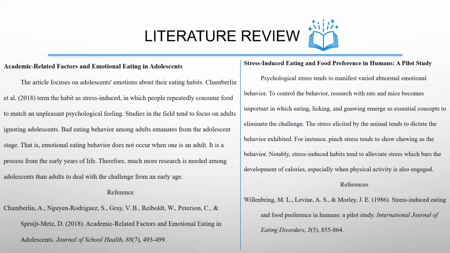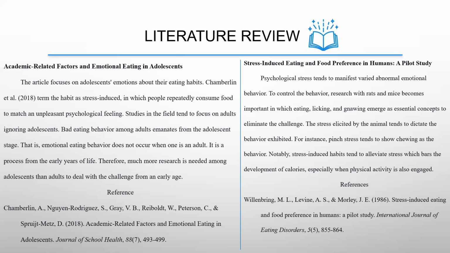Emotional eating, comfort eating, and stress-induced eating are terms to describe the repeated response of consuming food to cope with unpleasant psychological emotion. The second article here is one of the studies, and it is stress-induced eating and food preferred by humans.